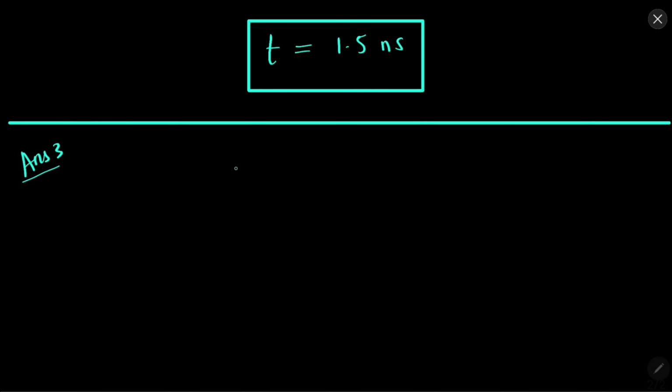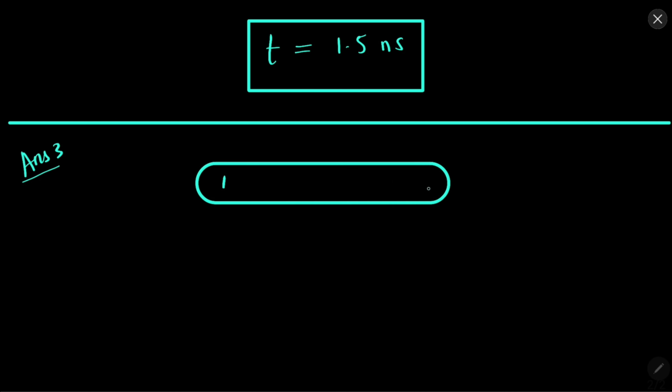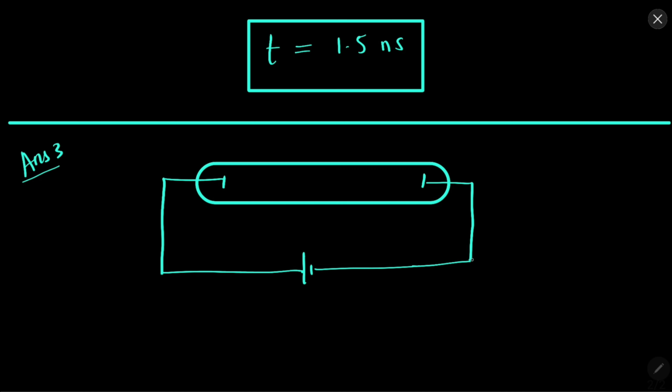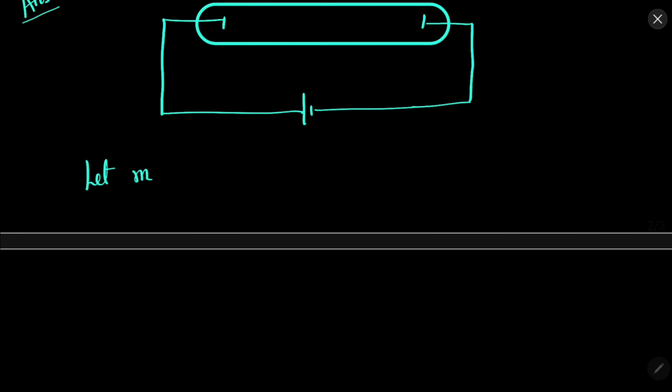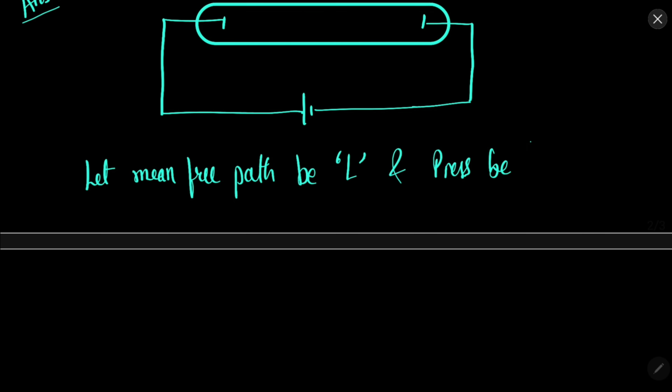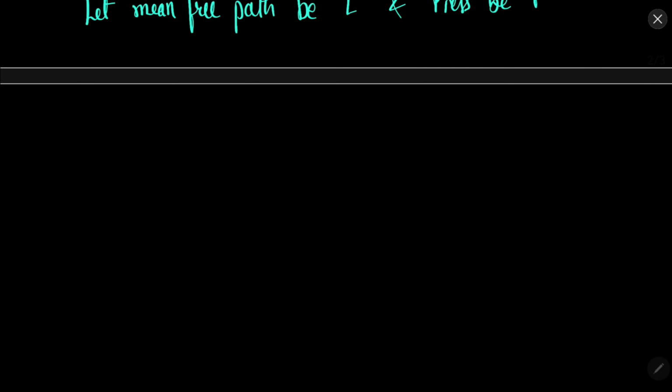So let's say that this is our discharge tube, these are our electrodes. So let's say this is anode, this is cathode. So let mean free path be L and pressure be P in the tube.